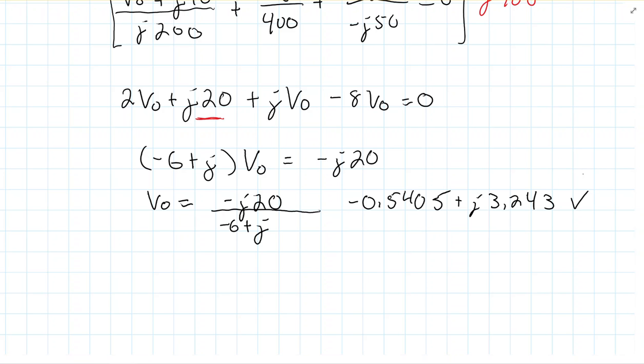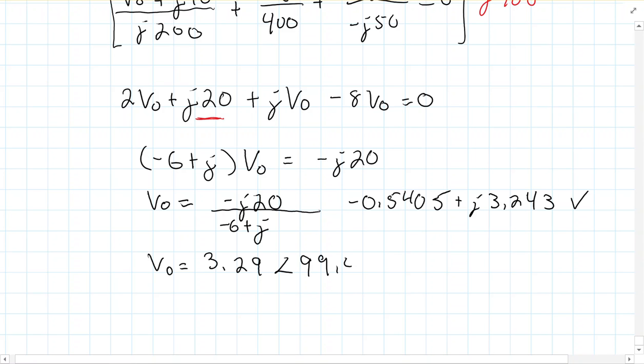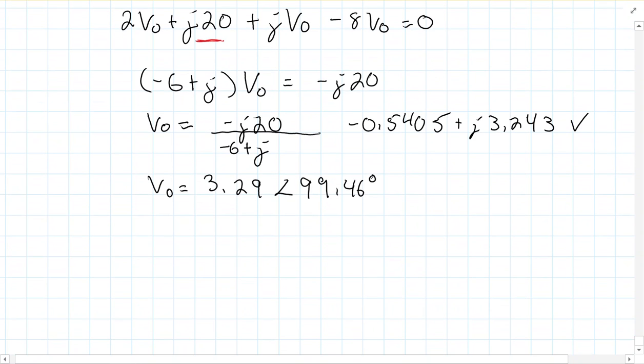So when I do this computation, I get V out is equal to 3.29 at an angle of 99.46 degrees. And in general, you might get ugly numbers on these problems. Ugly meaning they might not work out to nice, pretty numbers, and that's because you're doing complex numbers and dividing and things of that nature.